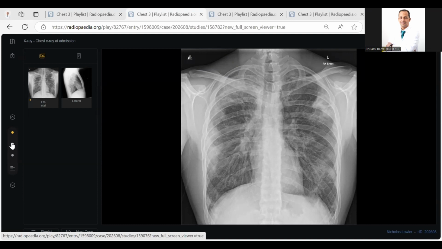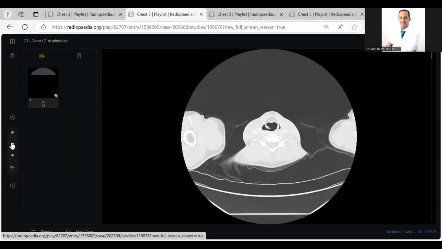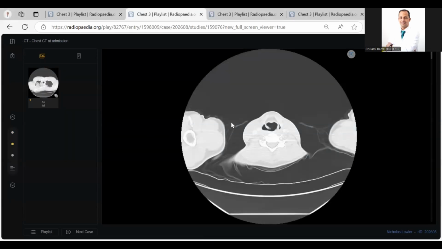If the patient has a history of allergy or exposure to certain elements, this can be due to eosinophilic pneumonia. If the patient has no history of any kind of this, then this is likely organizing pneumonia. I will proceed with a CT scan of the chest for further characterization and to confirm the diagnosis.